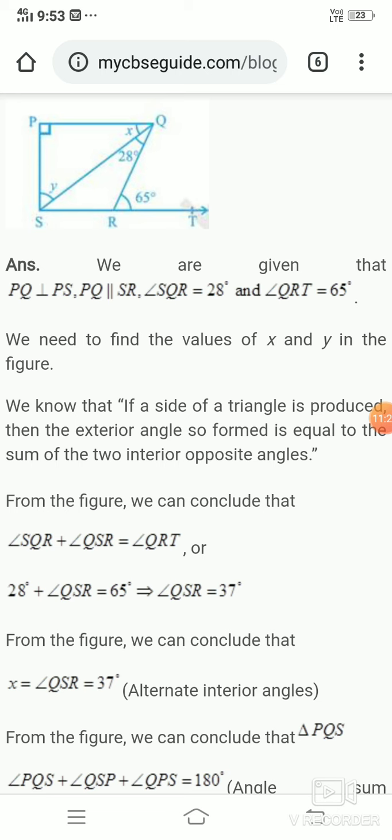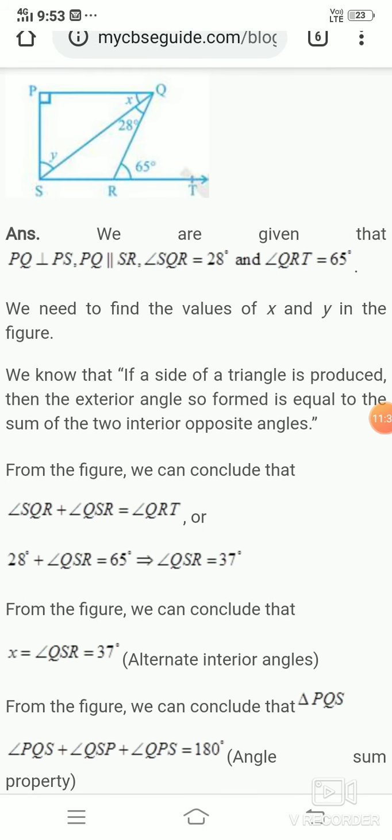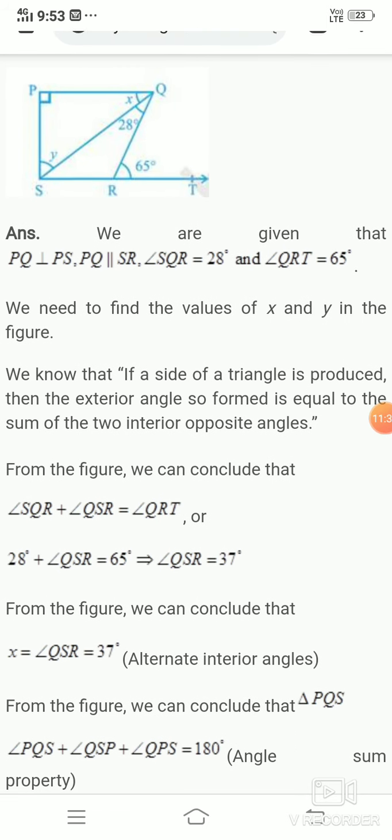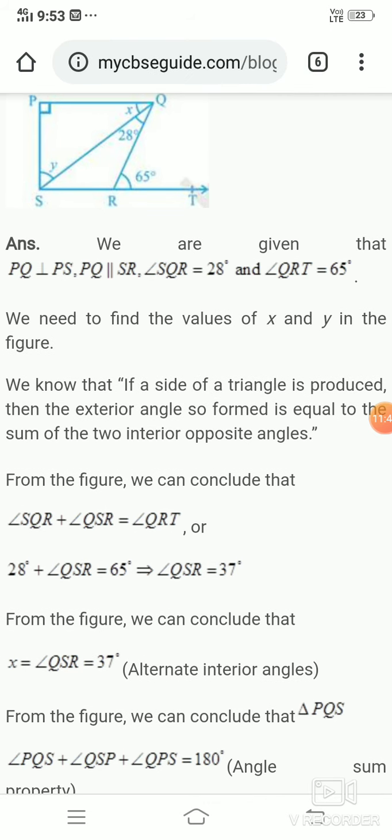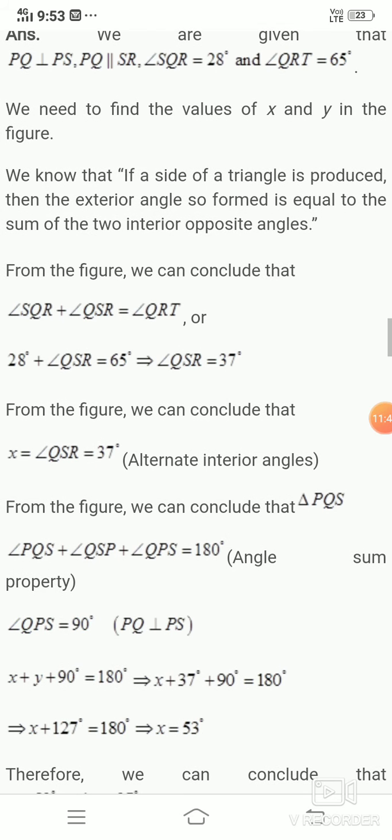Now come to the next picture, triangle PQS. So at Q we have PQS, at S we have PSQ, at P we have QPS. So the sum of these three angles is 180 degrees. Substitute QPS as 90 degrees and the X value as 37 degrees. So Y plus 37 plus 90 equals 180, angle sum property.